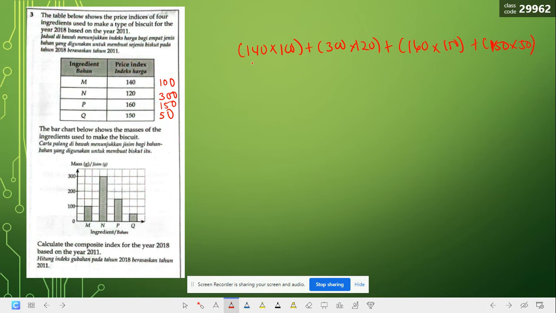Okay, so then you just divide with the total, which is 100 plus 300 plus 150 plus 50. So 600, right?